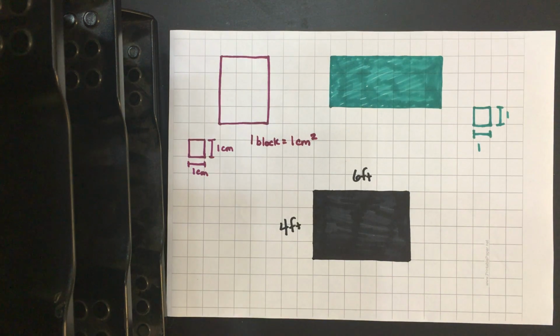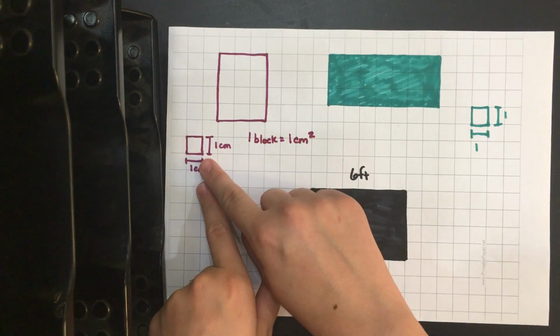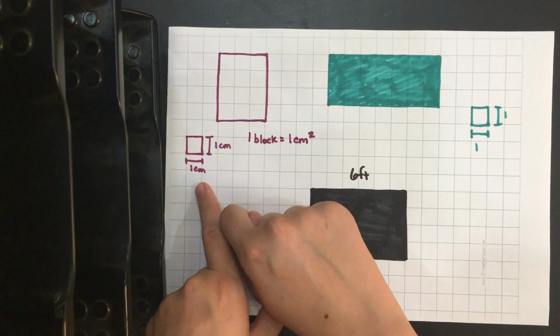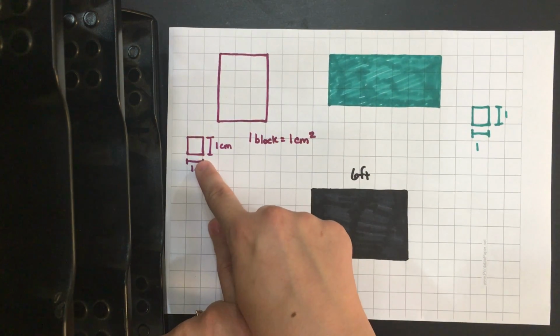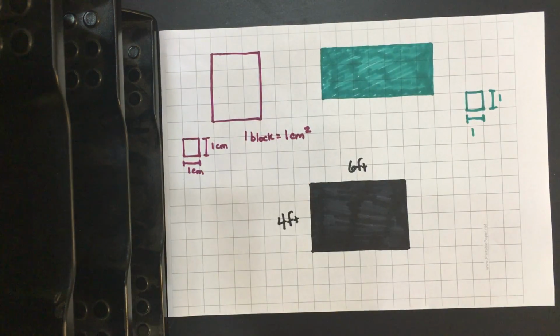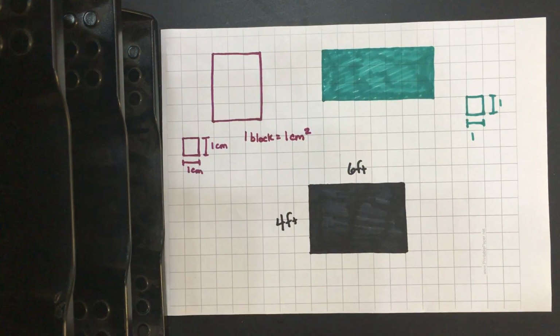But when we're talking about an area, we already know the area, that's the space inside, right? So if you think about it, when we're talking about this one block, the length from the bottom to the top is 1 centimeter. And the length from the bottom right to the bottom left is 1 centimeter. Those are both length. The area inside is also 1 centimeter.